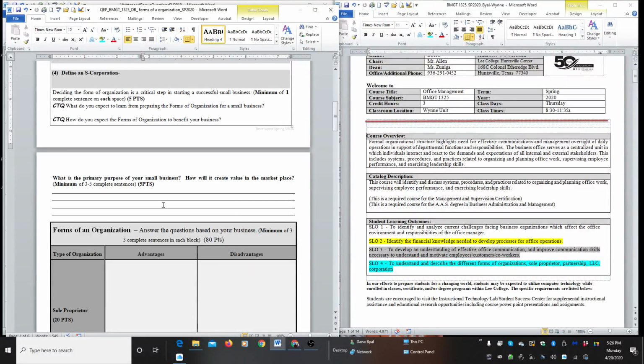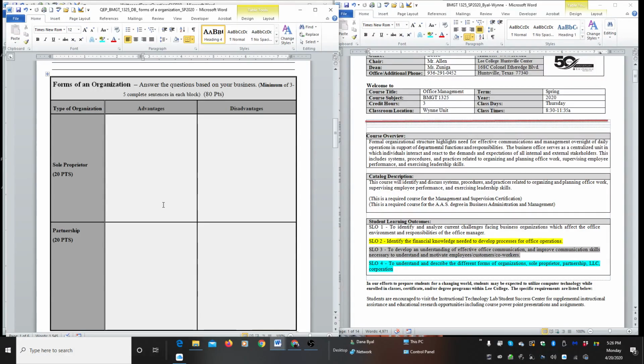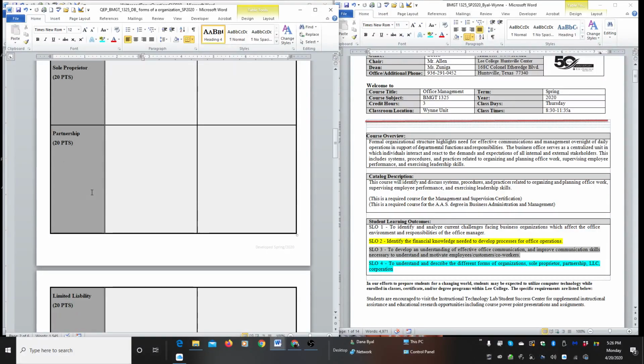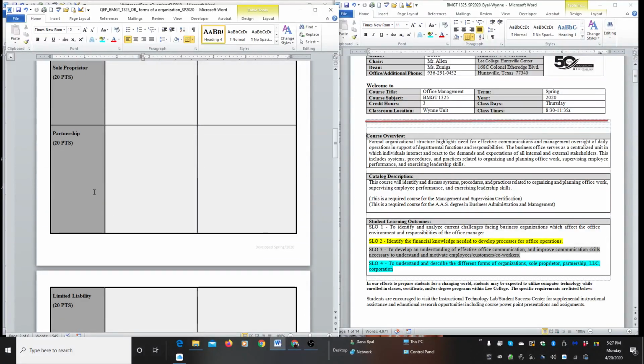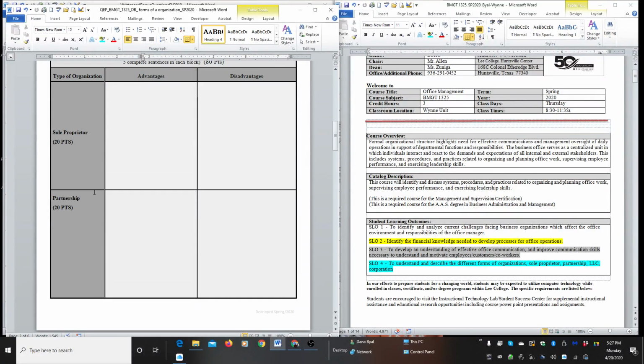These are worth 5 points. This is where most of their points are going to come from. I want them to tell me what are the advantages and disadvantages of each one of these types of organizations. What is going to be an advantage or disadvantage to their business?